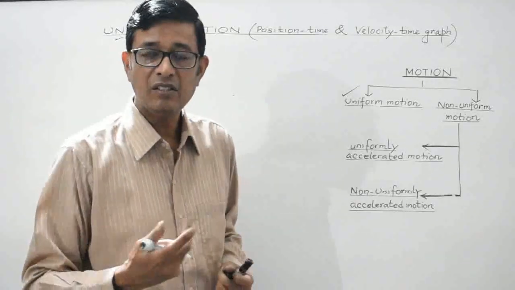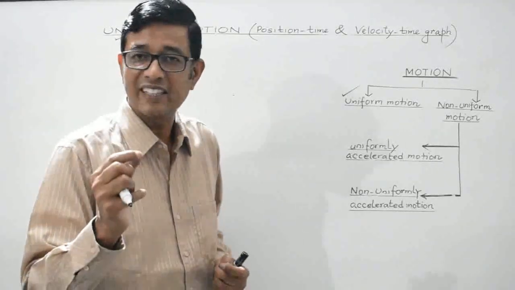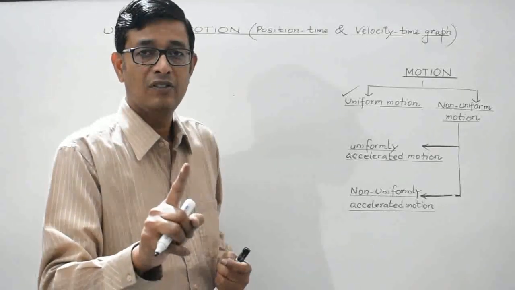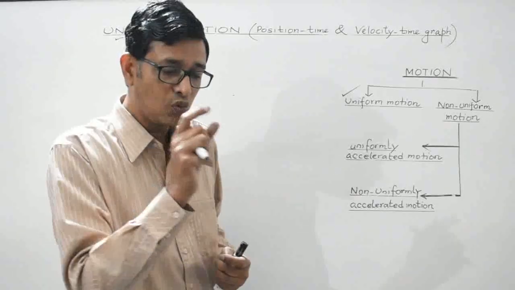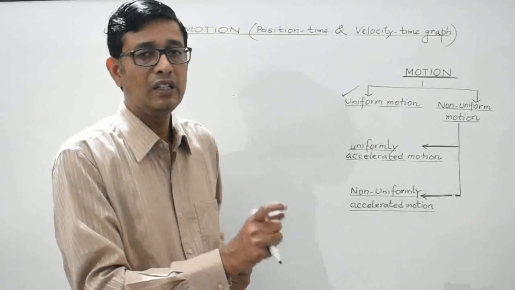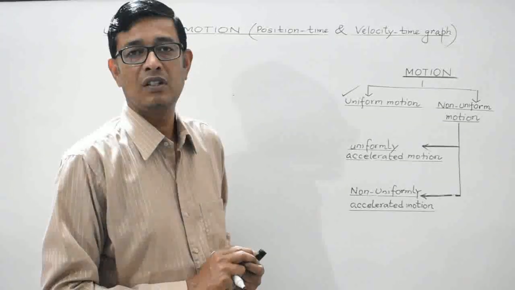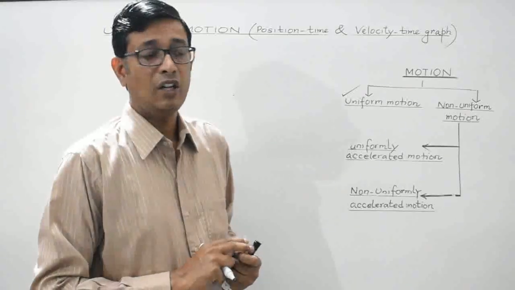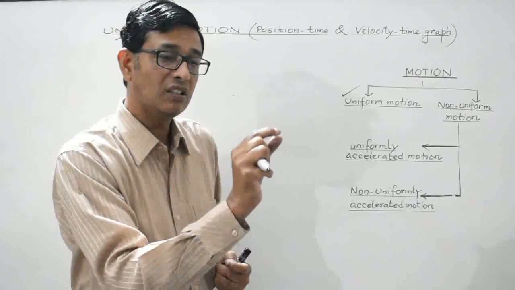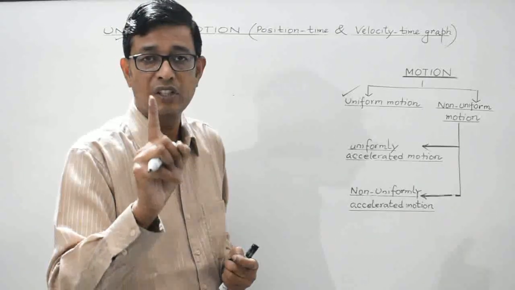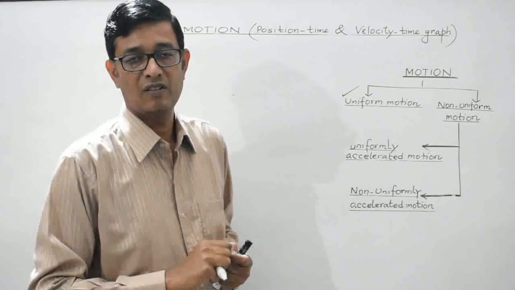So again I repeat, a body is said to possess uniform motion only if the body covers equal distances or equal displacements in equal intervals of time, however small the time intervals may be. Now, I have used equal distances or equal displacements. Students, always remember, we are dealing with motion in one dimension.